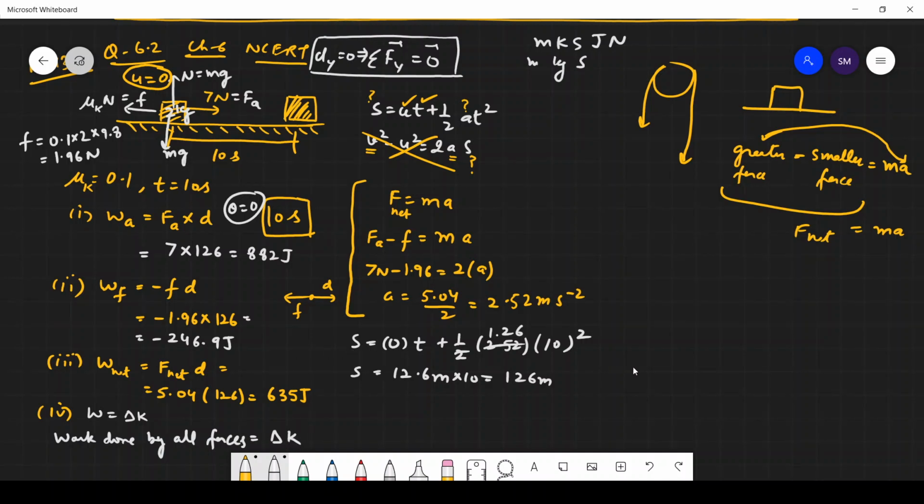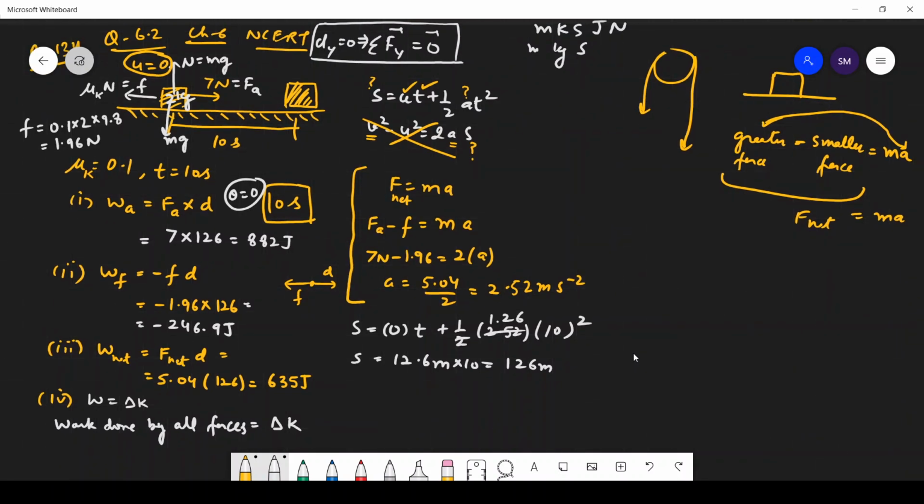This is work done by all the forces. So what's the work done by all the forces? Is this and this the same? Here also it is the net force.